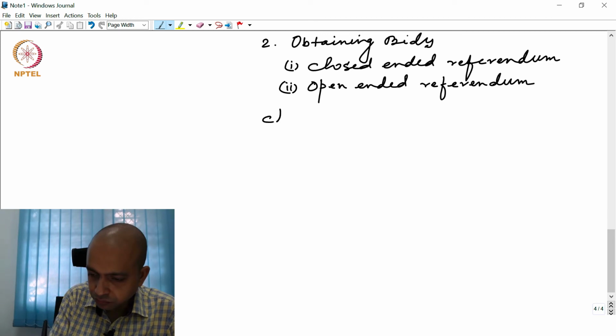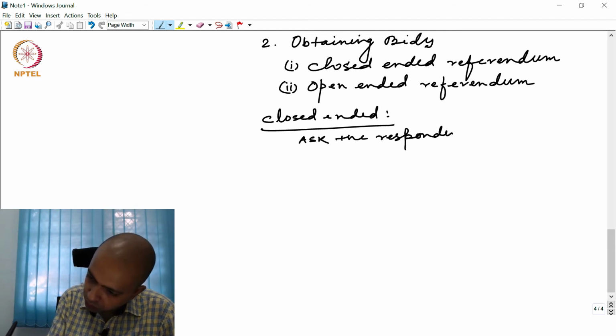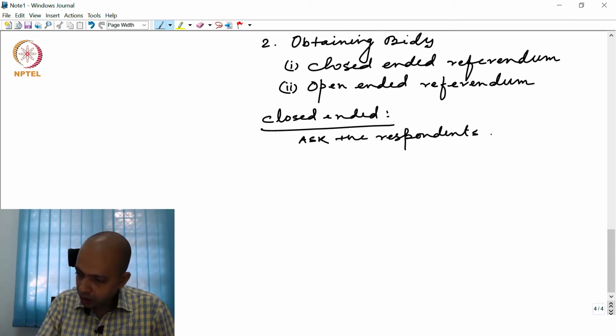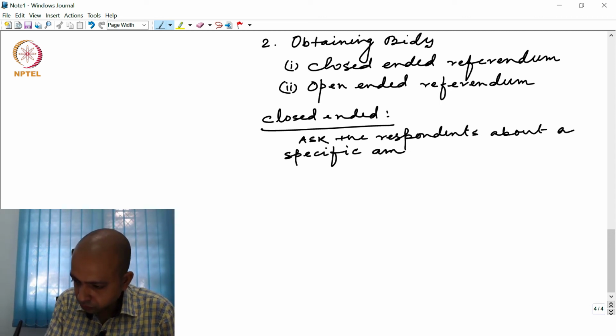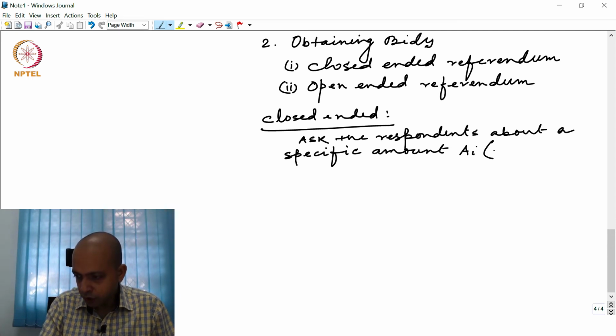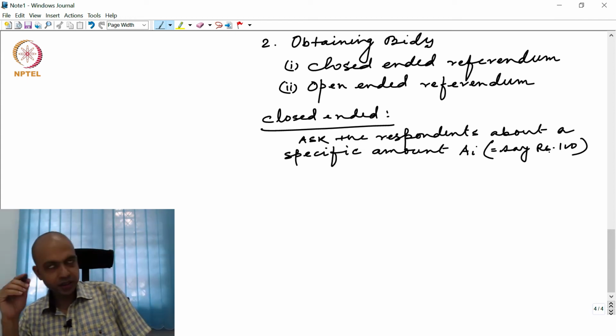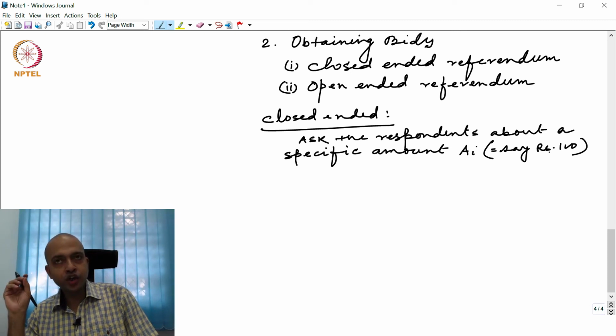So what is closed-ended? In closed-ended referendum, we ask the respondents about a specific amount, let's say A. So we'll ask, let us say that for this additional 50 liters of water, are you willing to pay around an additional 100 rupees per month?